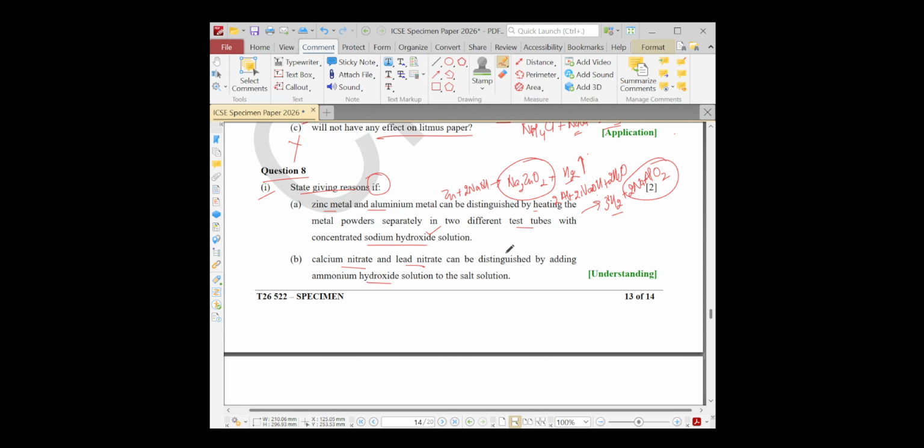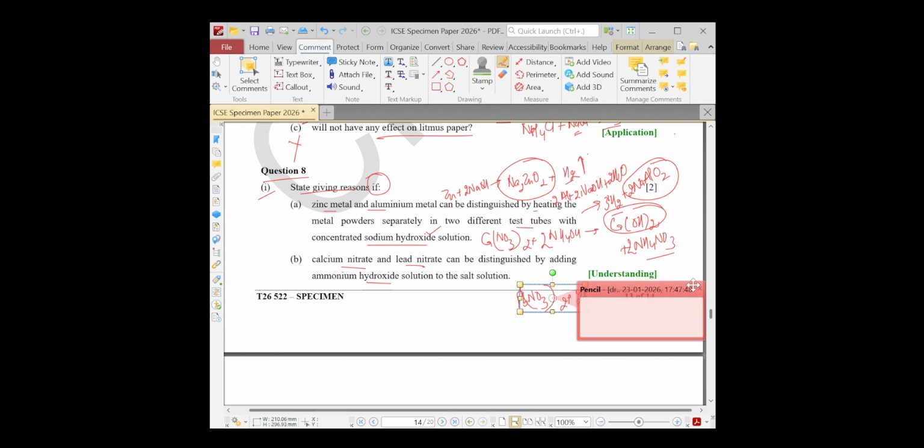Then next we come to calcium nitrate and lead nitrate, if they can be distinguished by adding ammonium hydroxide. When Ca(NO3)2 is treated with ammonium hydroxide, it is going to form calcium hydroxide and ammonium nitrate. When you take lead nitrate, Pb(NO3)2 plus 2NH4OH, you will get Pb(OH)2 plus 2NH4NO3.